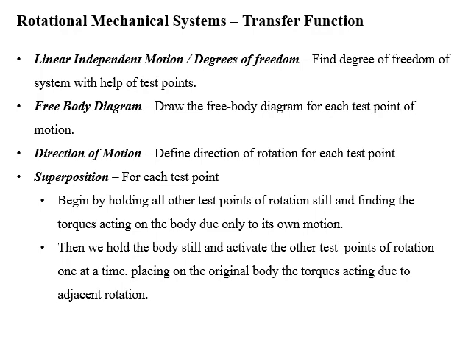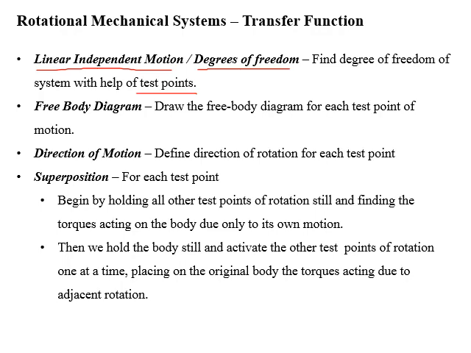We will start by defining degrees of freedom or linear independent motion. In this, we will find out how many points exist in a system which can rotate freely, and these will be our test points, and will define the number of equations required to define the dynamics of a system.